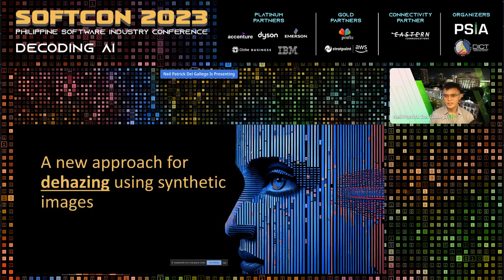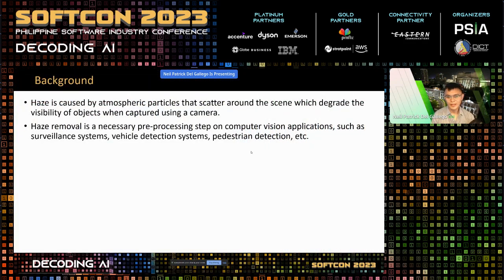So in this topic, I'm just going to do a deep dive into one of the areas of image enhancement. We call it dehazing. So what is dehazing? In other words, it's defogging, or removing the fog from an input image.